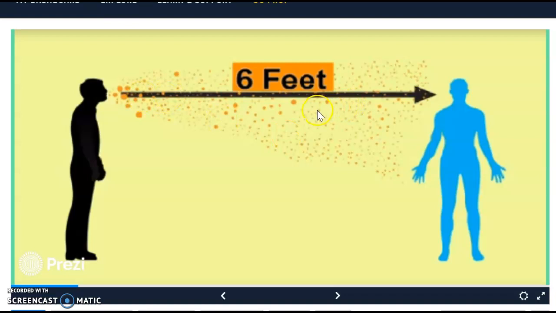The reason is that if someone is sick and they cough or sneeze, the virus can travel and spread all the way to 6 feet. If you are within this distance, you're going to get sick. But if you are 6 feet or a longer distance from each other, you're safer that way.